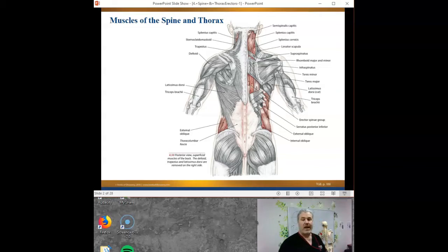Awesome. And what are their actions, Miss Monreal? What are the actions of the rhomboids major and minor? To retract the scapula. Number one, absolutely, to retract the scapula. What's another word for retract the scapula? You've got the right feeling of the right answer.